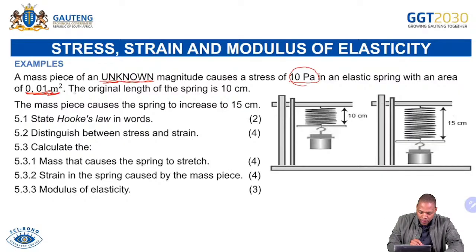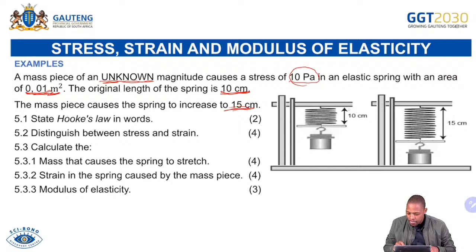I'm lucky there. The original length of the spring is 10 centimeters. Now this one is given in centimeters, so I might need to do conversions if I use that value. The mass piece causes the spring to increase to 15 centimeters. As you can see in the diagram here, it was 10 centimeters and then it increases to 15 centimeters, grade 12.